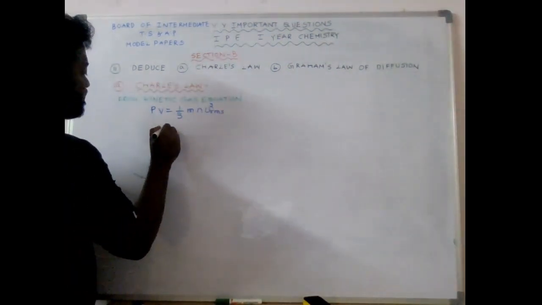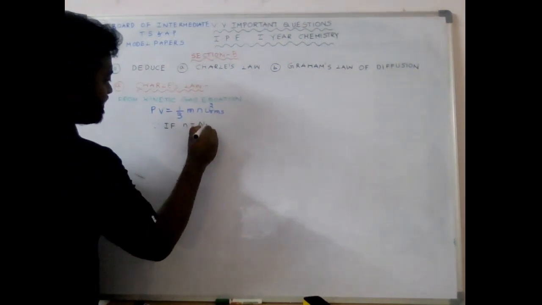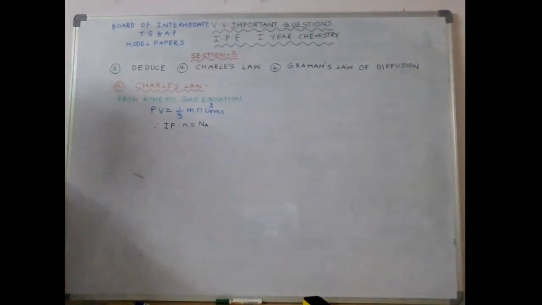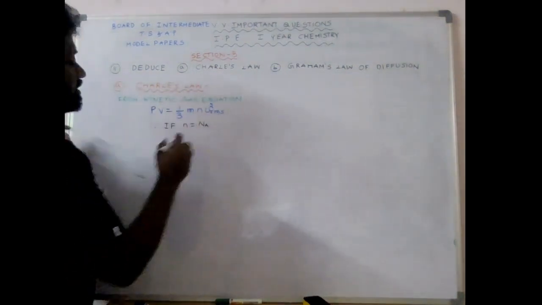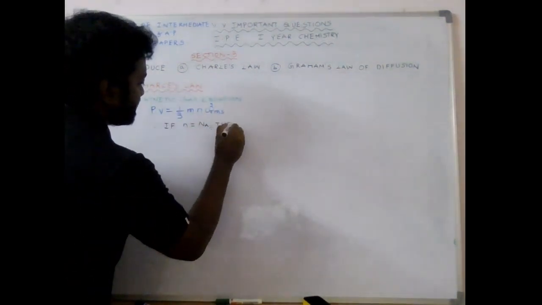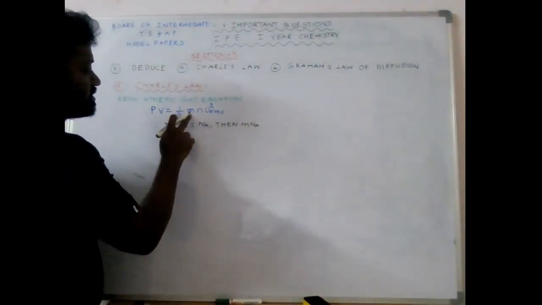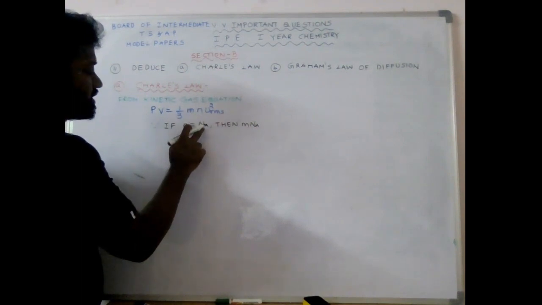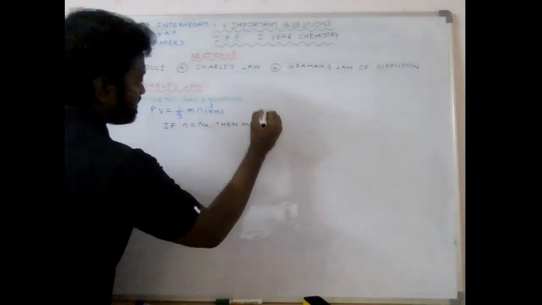Here, a simple point to remember: if n is equal to Na, the Avogadro number, then m into n becomes m into Na, which is equal to the molecular mass of that gas molecule, that is capital M.